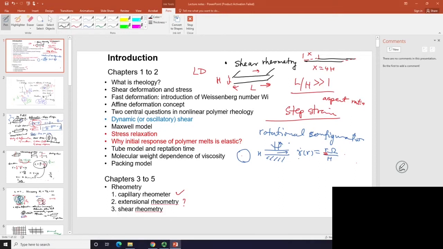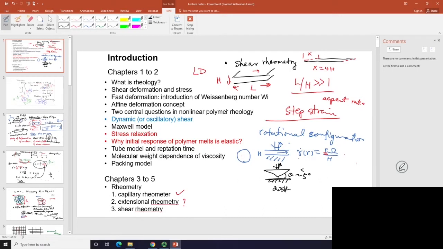And the way to overcome that was to use a cone plate with an angle, which is usually quite small, not what I draw, usually 5 degrees or less. Same thing with one of the surfaces rotating. It could be that your lower disk is fixed.